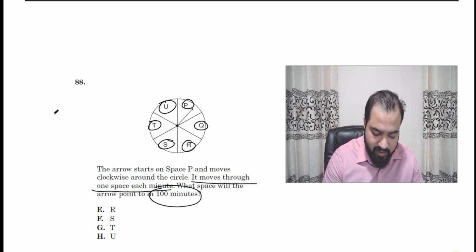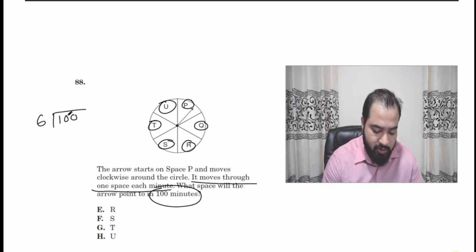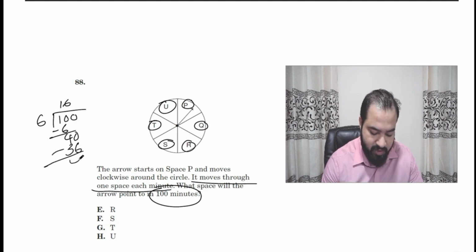Let's divide 100 by 6, because there are 6 spaces, to see how many revolutions, meaning how many times it will go around. When we divide it by 6, 6 goes into 10 once, then 4 zeros, 6 goes into 40 six times, 36, remainder 4.